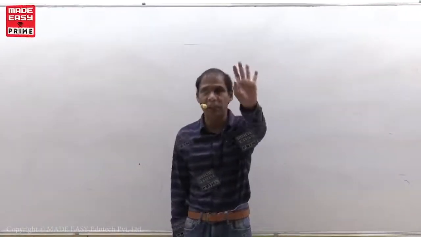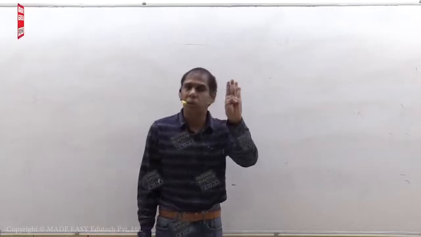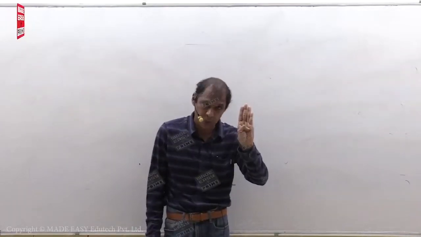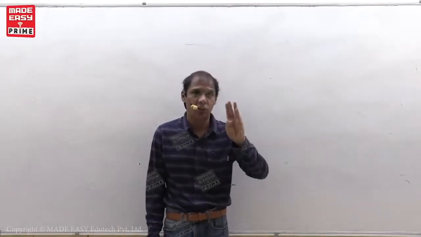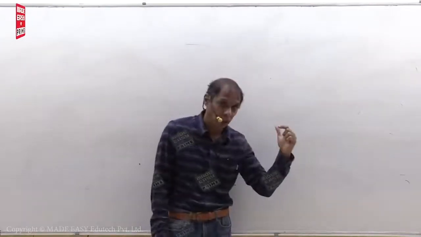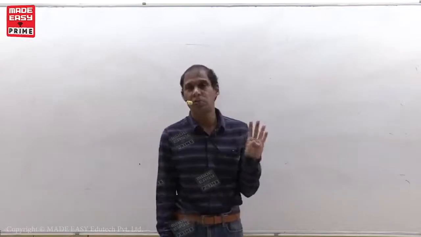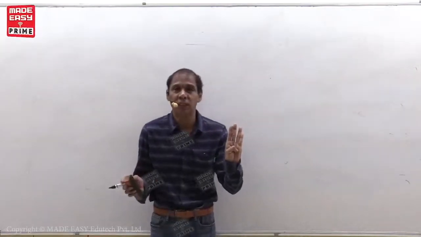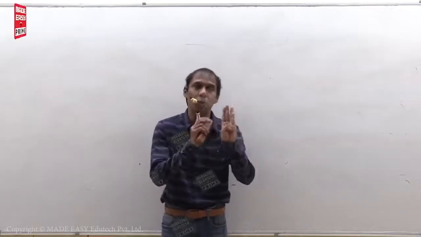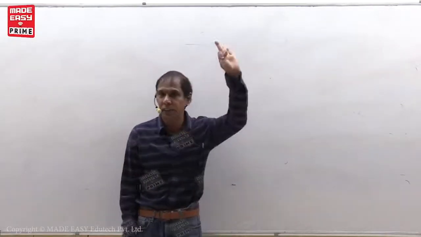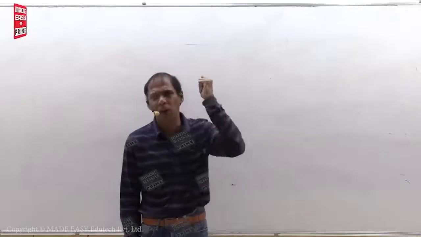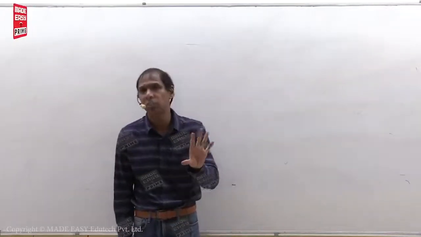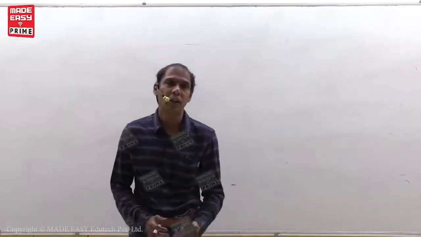These 3 points are very important. What is the first point? To make a negative sentence, put not after the special verb. To make an interrogative sentence, put the special verb at the beginning of the sentence. Second point, if there is no special verb in a sentence, what do you have to do? Borrow do, does or did. Third point, whatever you borrow, put root verb in negatives and interrogatives.